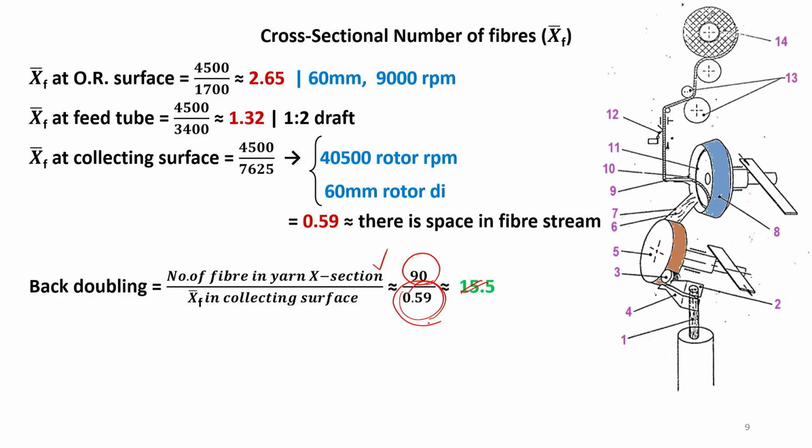So, 0.6 is there, so 90 divided by 0.6. So, approximately 150, this is not 15, it will be around 155. Okay. So, that is the back doubling.